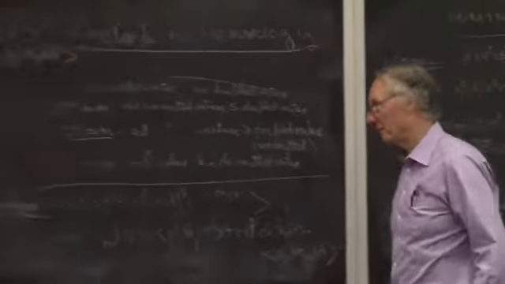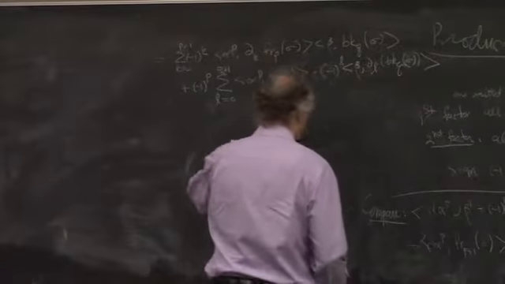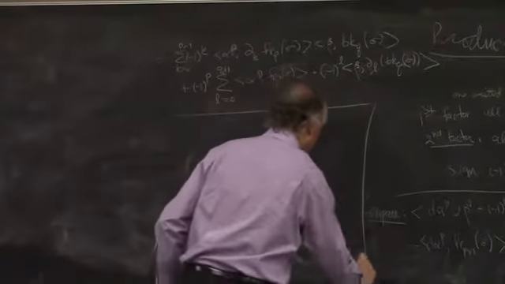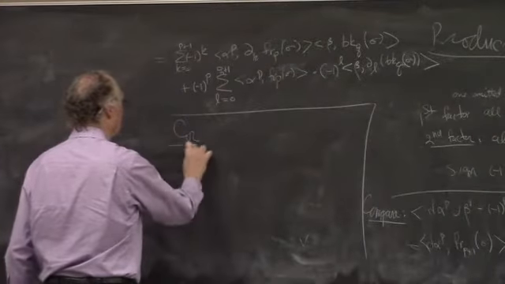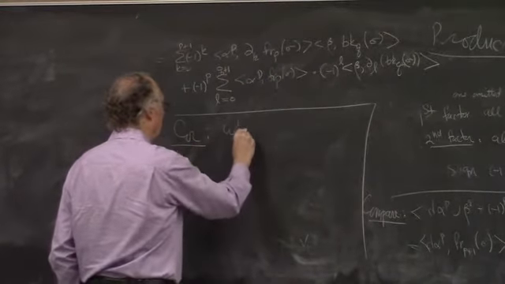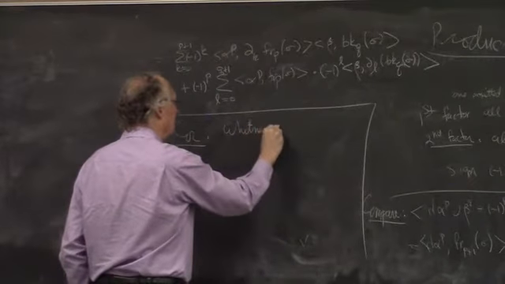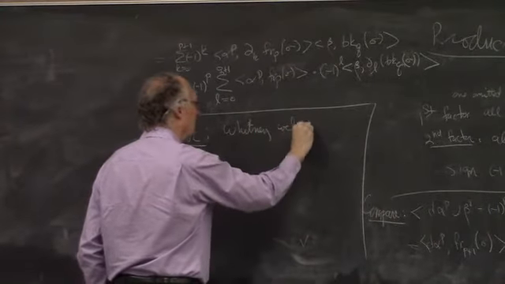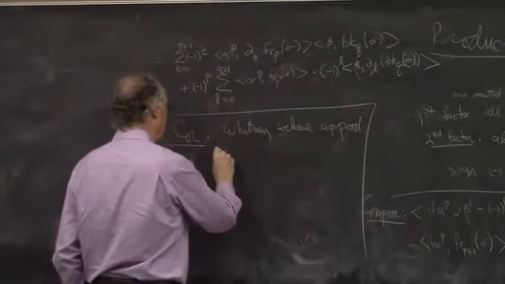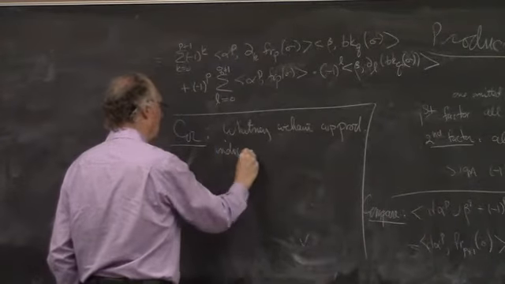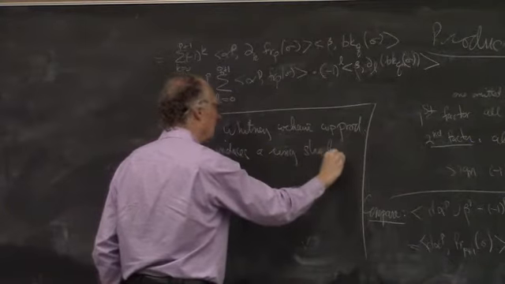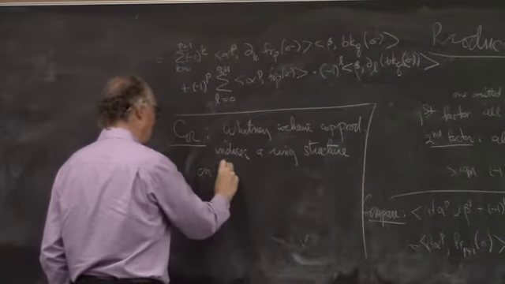All right. So as a corollary, we see that the Whitney cochain cup product induces a ring structure on cohomology.